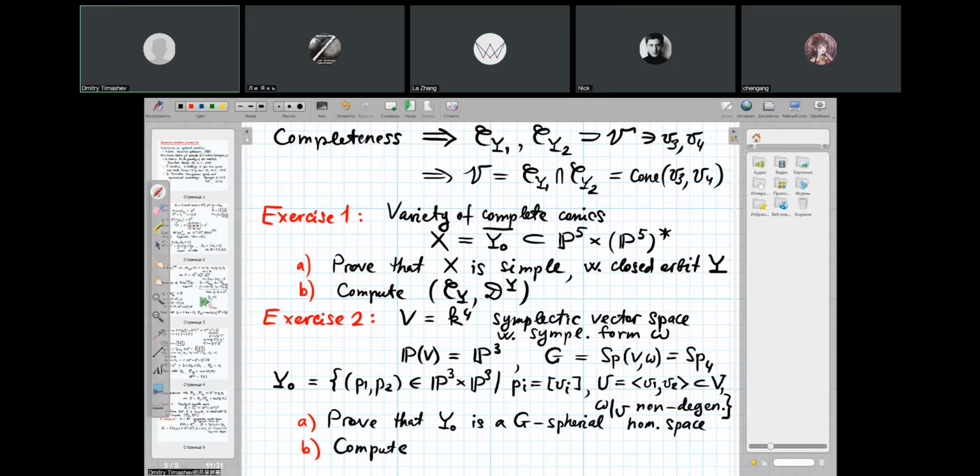What is the Borel subgroup of a symplectic group?